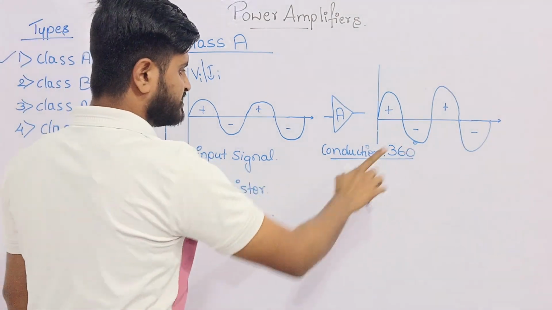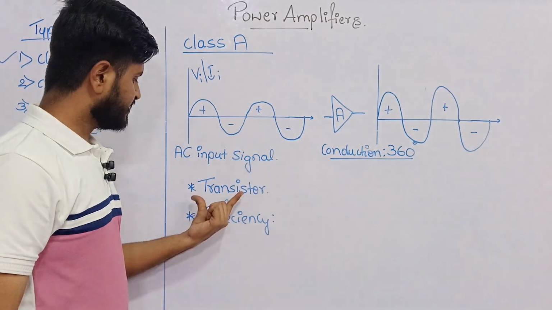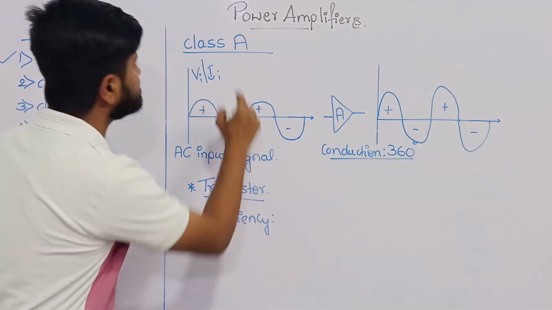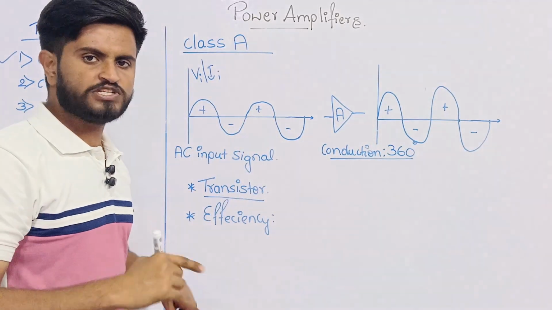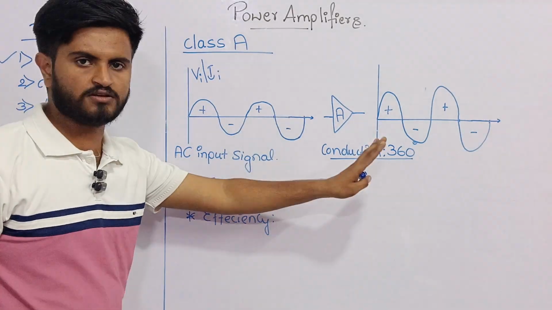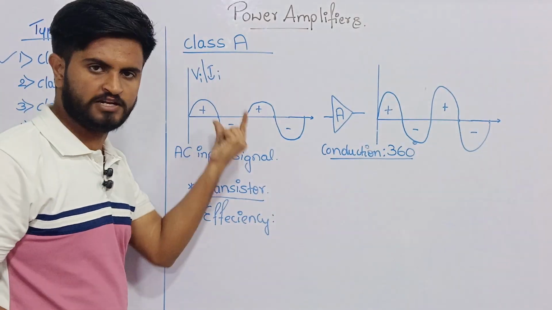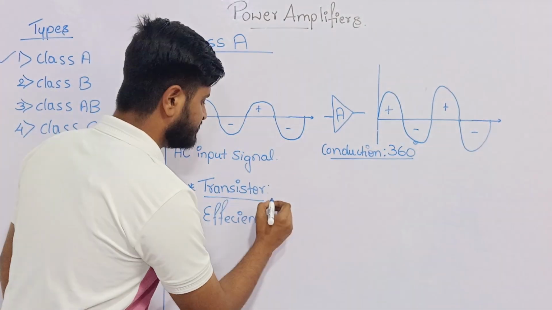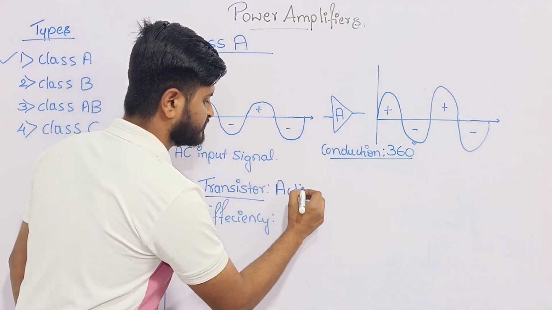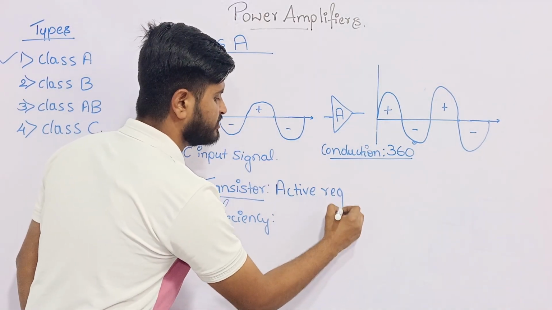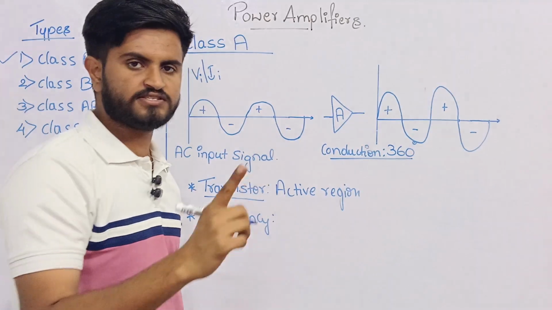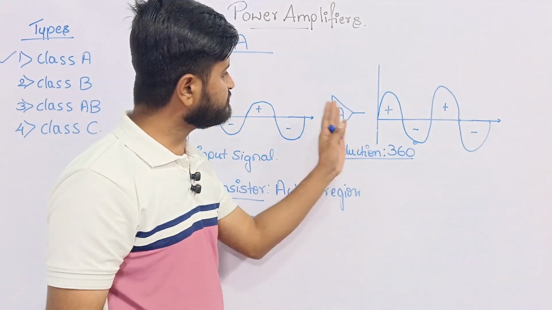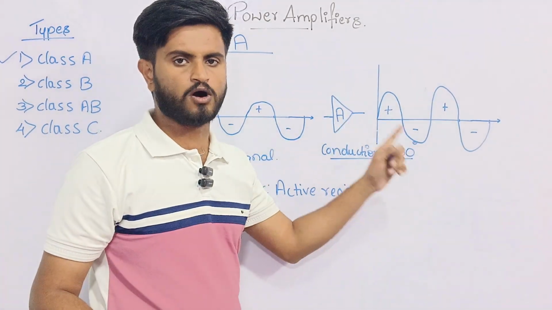Since it is the 360 degree condition, the transistor which is used in the power amplifier, which helps in amplification of the sound or the given input, must be in the active region. When the transistor is in the active region, then only we can do the amplification operation.